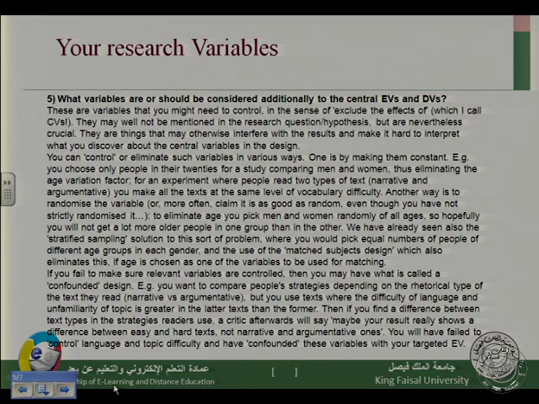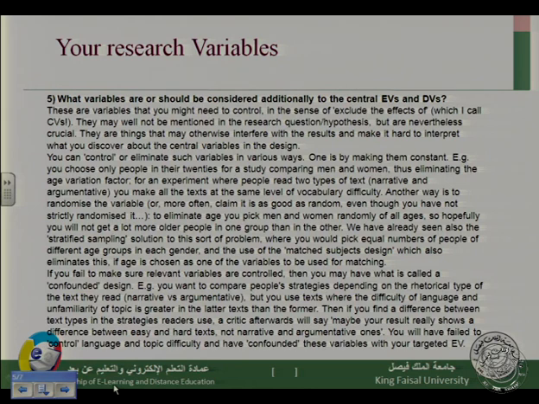Or you would, from the beginning, say, well, I want to control gender by having only males. I don't want females. By this, you excluded gender from your variables. So either from the beginning you exclude the other variables, or you include them in some way by having a representative sample of all of these variables, but you don't include them in your analysis.